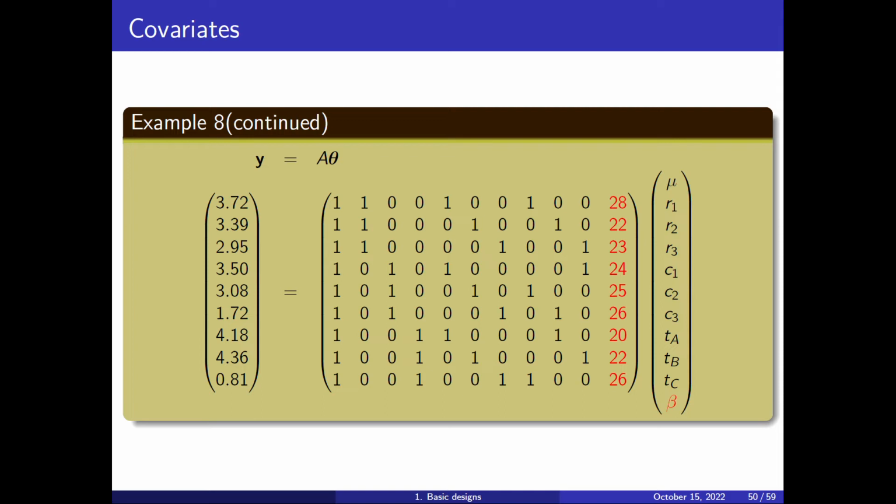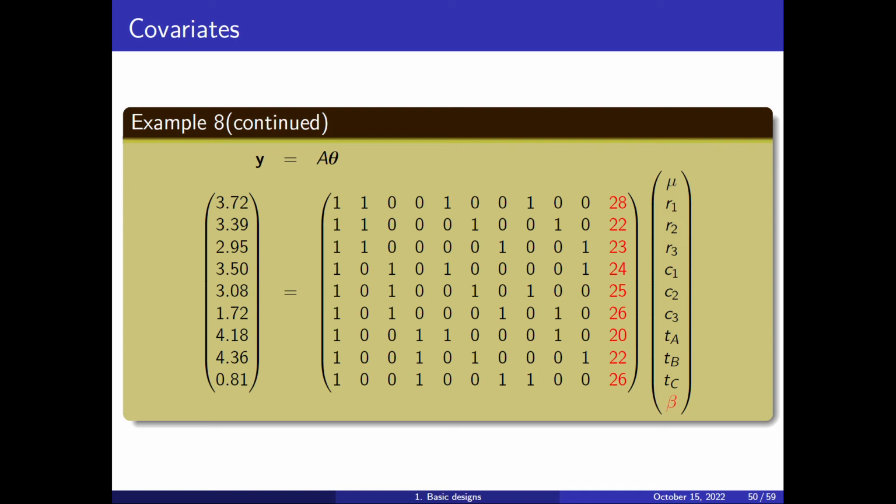So in the previous design, all this part of the matrix only depended on your arrangement of rows, columns, and treatments, and you know that before doing the experiment. So the system matrix is known before doing the experiment, but if you include covariates, this column here depends on the temperature, and you only know that after doing the experiment.